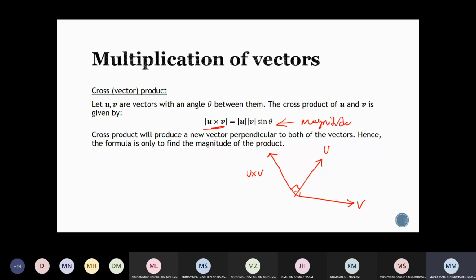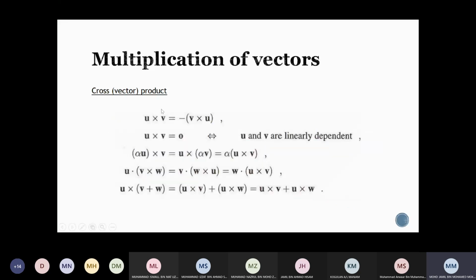So to find the vector u cross v, kalau masih ingat di sekolah menengah, kita boleh guna determinant. Okay. So these are some of the properties. So u cross v, kalau kita terbalikkan v cross u, you cannot simply terbalikkan. You must add negative.